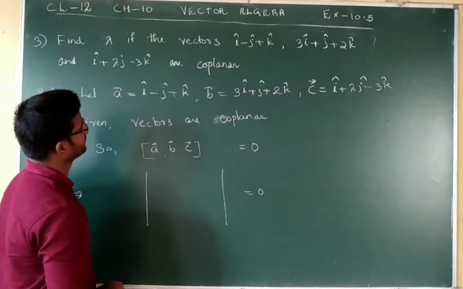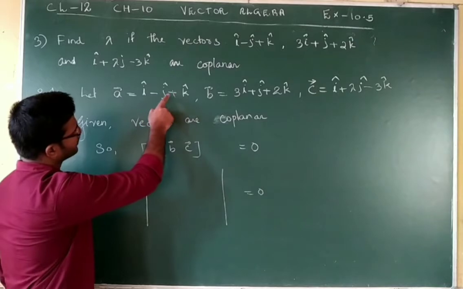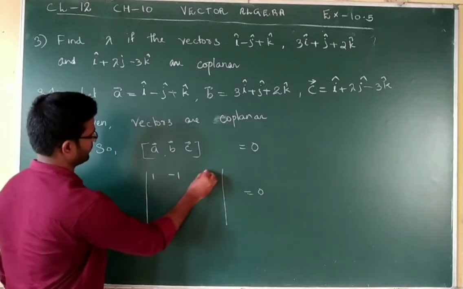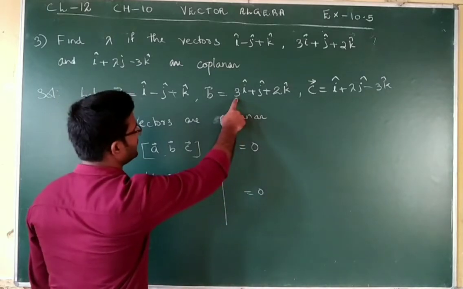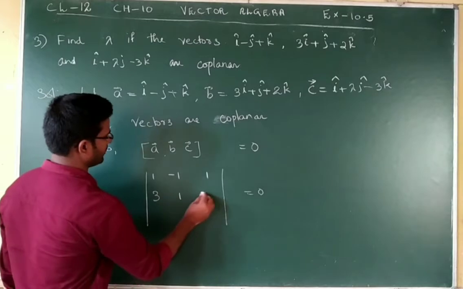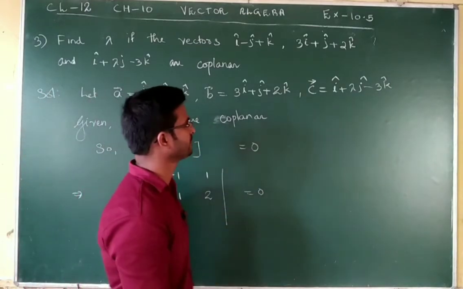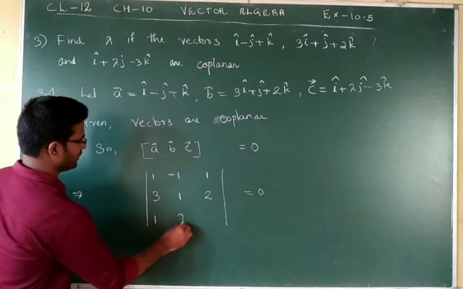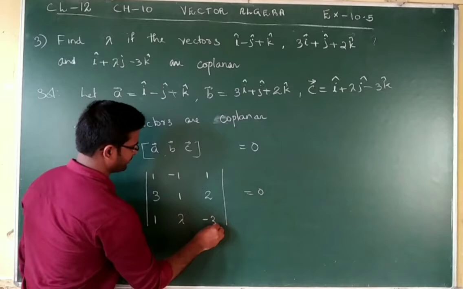In first row we can write scalar components of A vector, that is 1, minus 1, 1. Then in second row we can write scalar components of B vector, 3, 1, 2. In third row we can write scalar components of C vector, that is 1, lambda and minus 3.